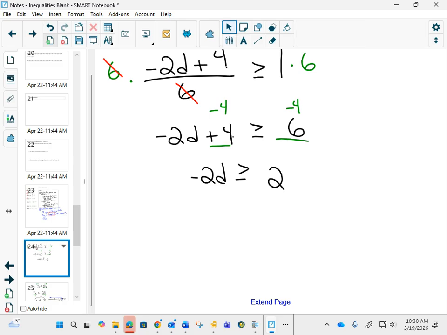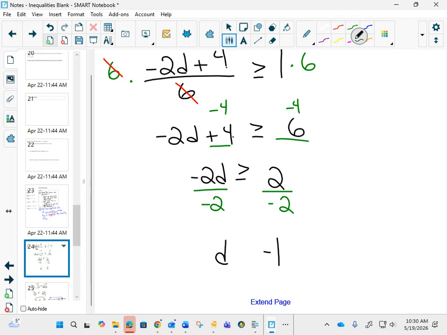But you have to divide by -2. And now, to get the D by itself, we divide by -2, divide by -2. This will get this side to be just D. 2 divided by -2? -1.